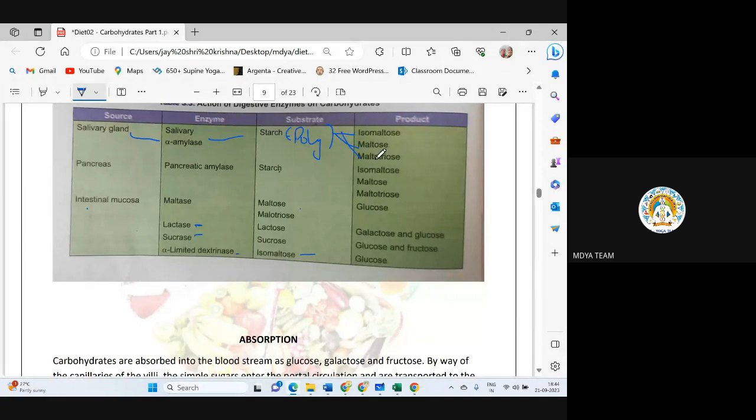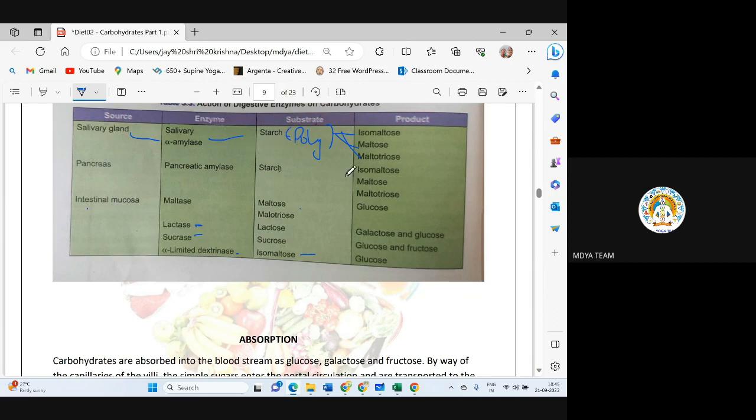In our stomach there is no digestion of carbohydrate. In our stomach, the saliva that got mixed with the bolus, mixed with the food, got neutralized by HCl. So in our stomach, the saliva is not in active form. Saliva has only 20-30 seconds to act on food.